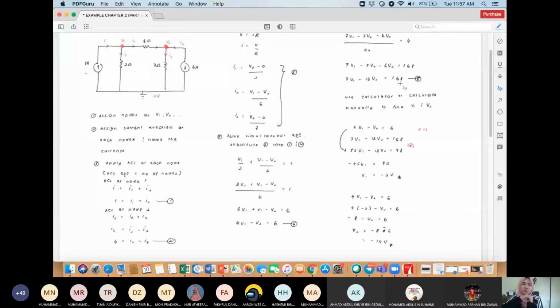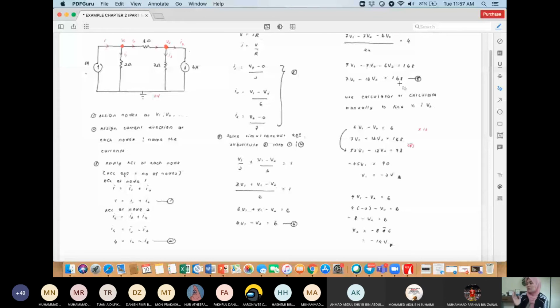So what you need to do next is solve the simultaneous equations. You have two equations with two unknowns. You must find the unknowns V1 and V2. Actually you can find V1 and V2 directly using your calculator.